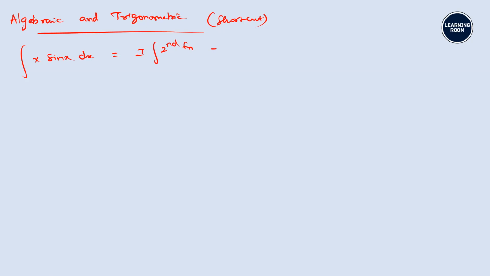That is, write the first function as it is, integrate the second function. Make the sign alternate. Minus, differentiate the first function, d by dx of first function, into integral of second function. Then change the sign again, plus.